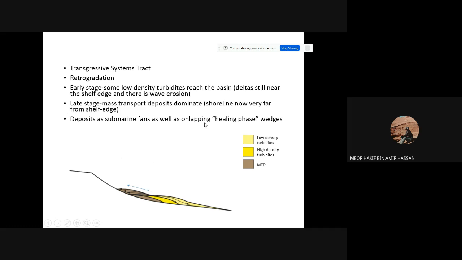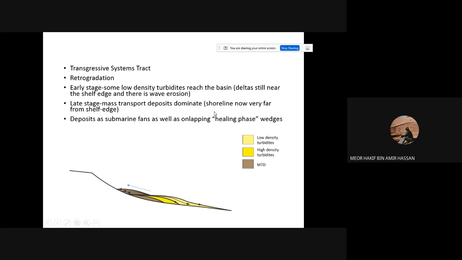You start to get debris flows being deposited, because the shoreline is now very far away from the shelf edge. So it's going to be very muddy here. You get slope failures, and lots of debris flows and slumps. You still get submarine fan deposits, and they are retrograding towards the back here.